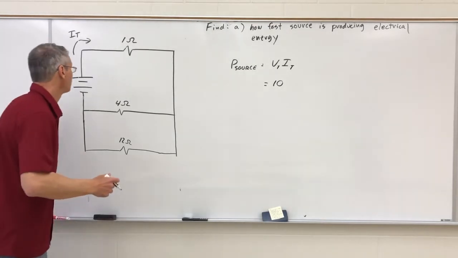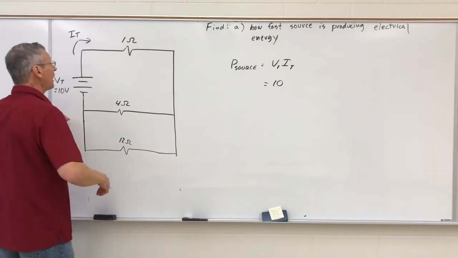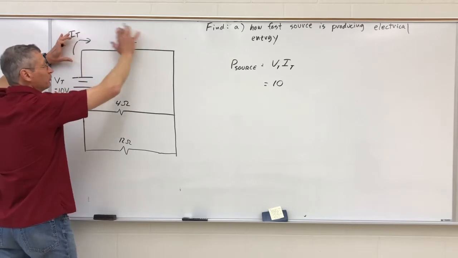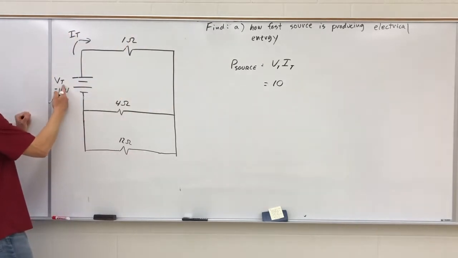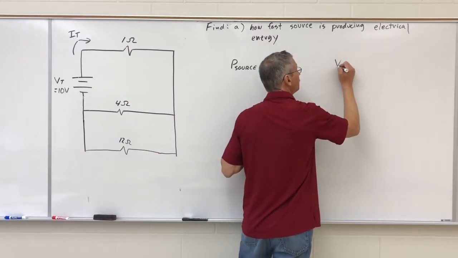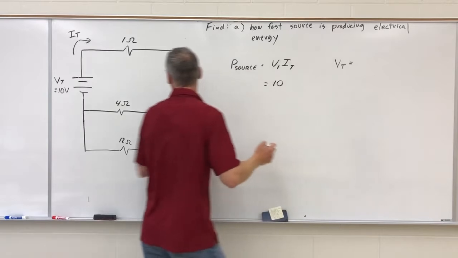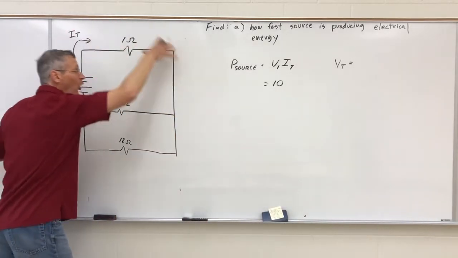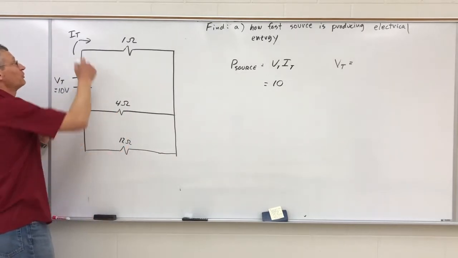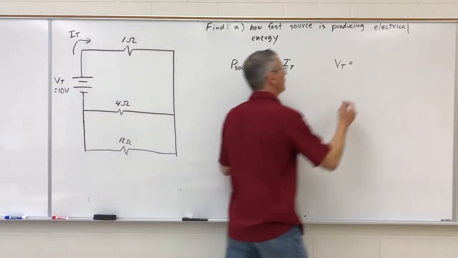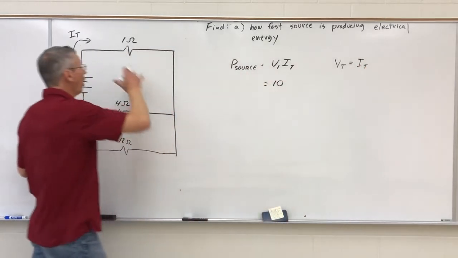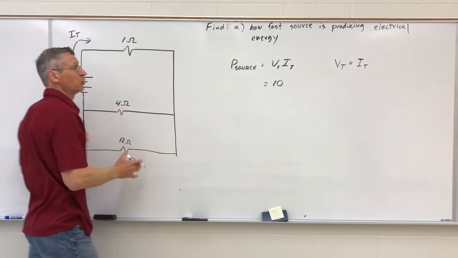How about we say the total potential decrease through all the resistances is going to be the same as the increase, VT. So the total potential decrease is equal to the current through all the resistances, if you treat this as one big resistance, multiplied by all the resistances in total.